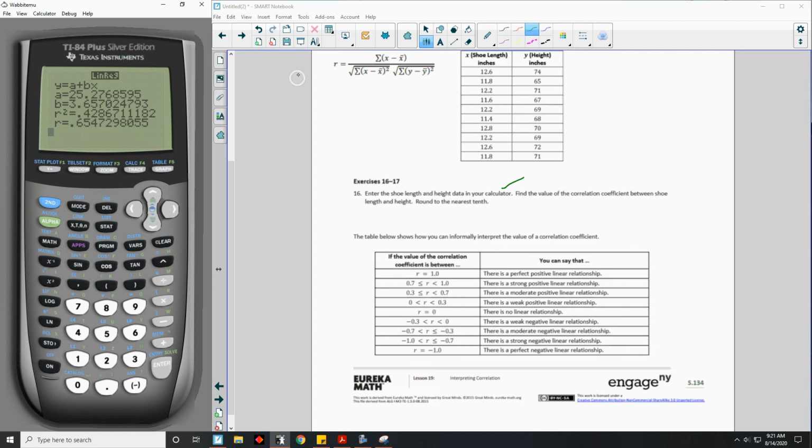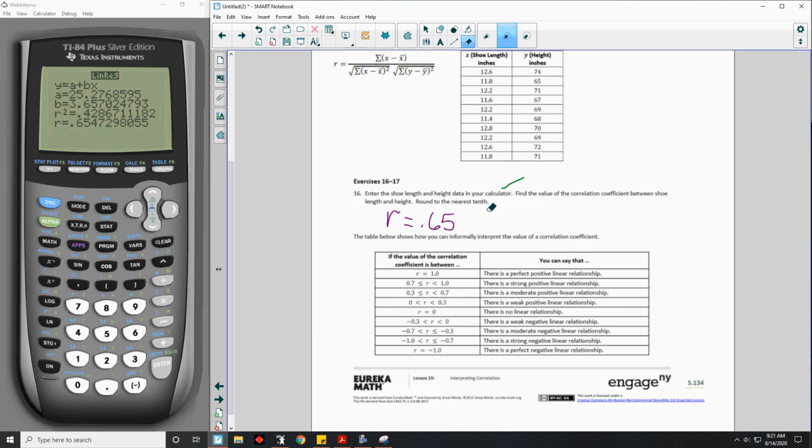Okay, so we found the value of correlation coefficient between shoe length and height, round to the nearest tenth. So I would say R equals 0.65, right? Because before we round down. Okay, so it's 0.65. Oh, it says the nearest tenth, not hundredth. So that would be 0.7.